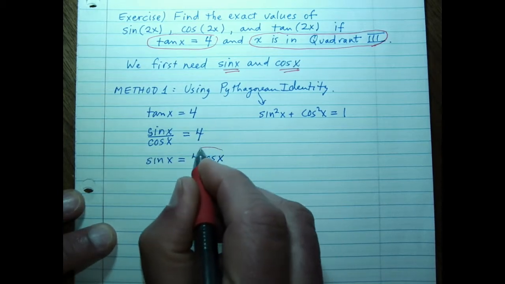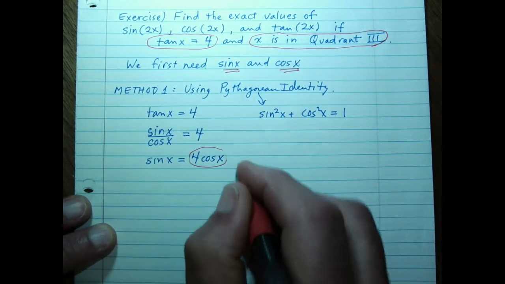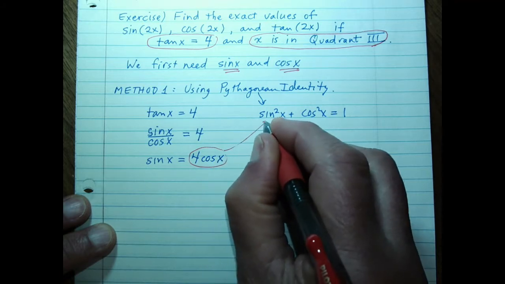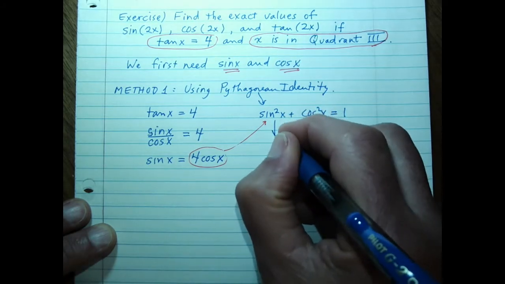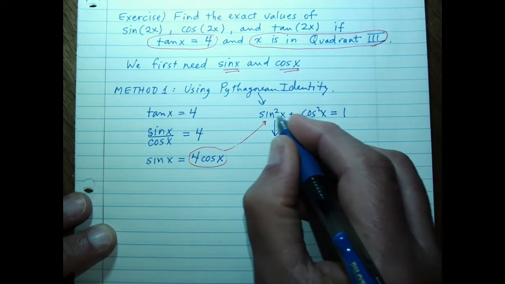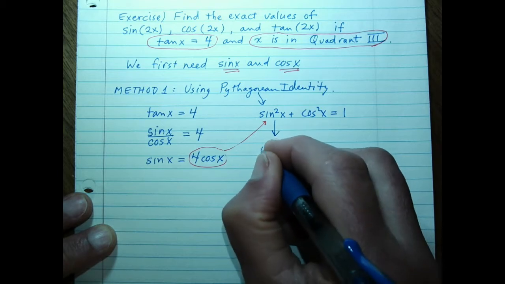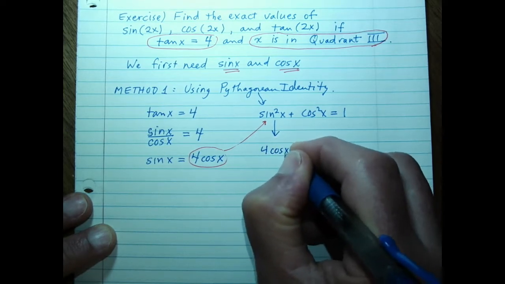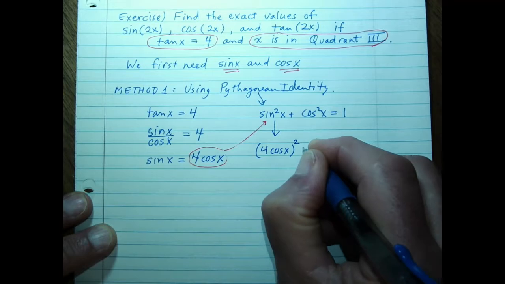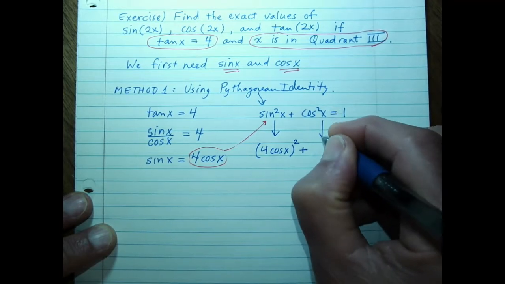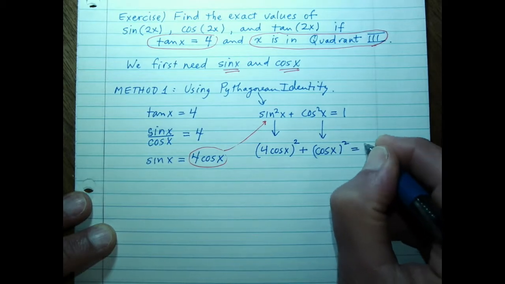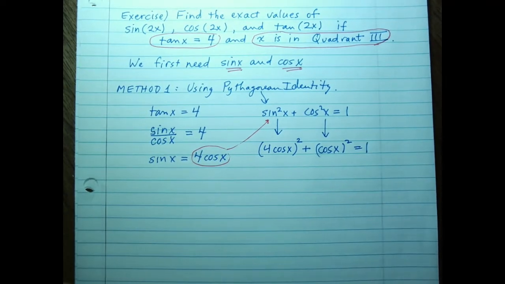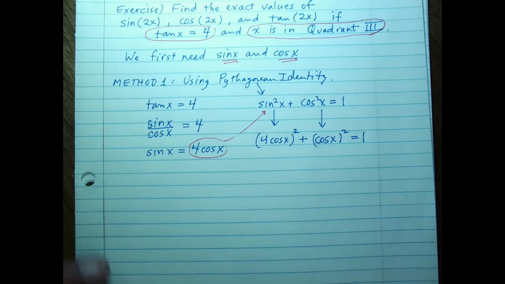And it's this 4 cosine x now that I can put in place of sine x in the other equation. What that allows me to do is rewrite the sine squared as 4 cosine x squared plus, I'm just going to recopy, cosine x squared equals 1. I think we did this type of thing at least once before.